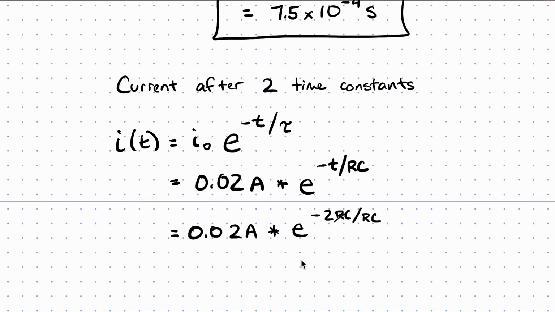So we get a little cancellation happening up in the exponential. When we evaluate that exponential out and multiply by our current, we get 0.0027 amps. And so this is our current at t equals 2 tau.